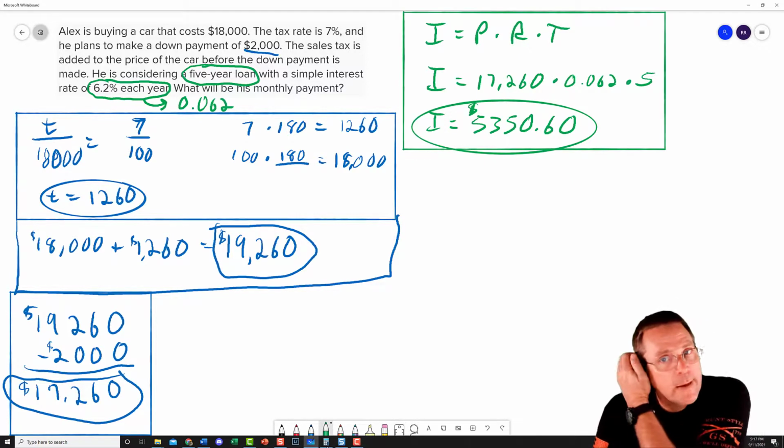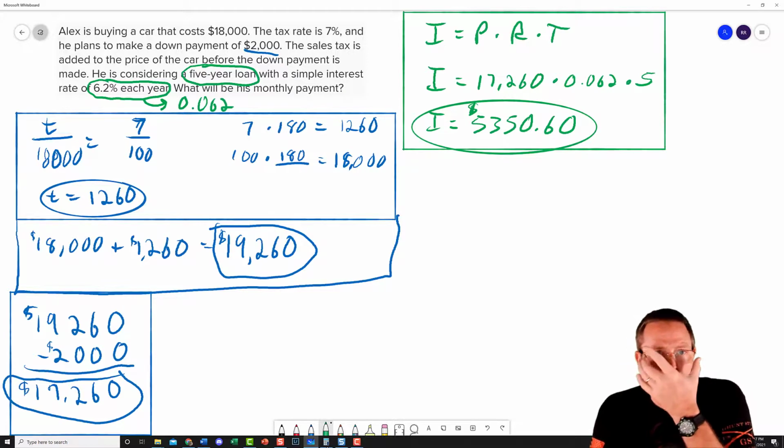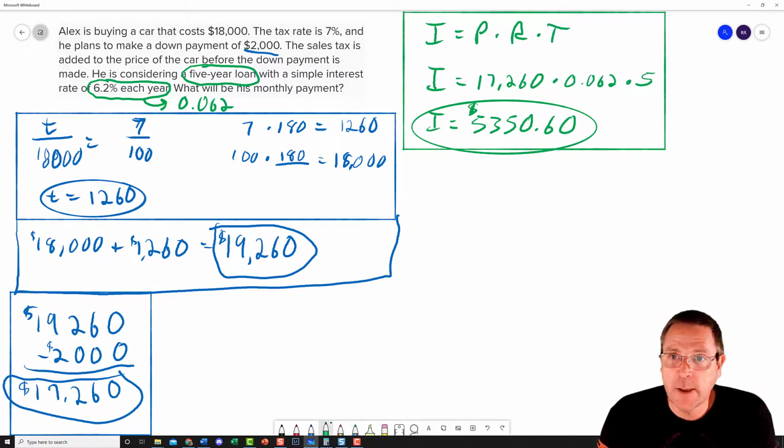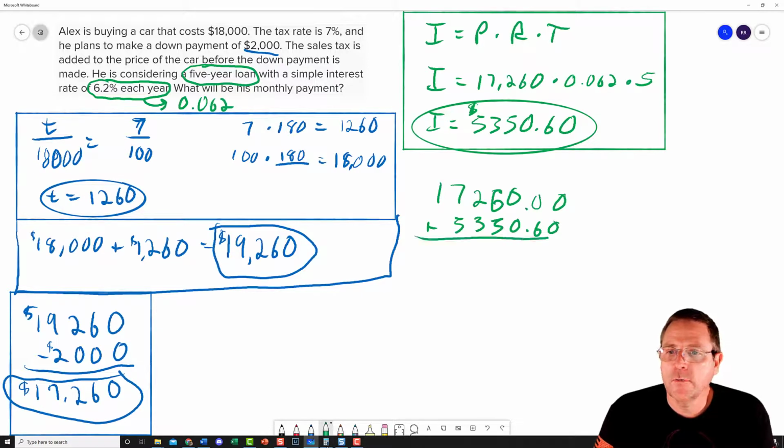So we're going to take that information we have and we're going to add this amount to that amount to find out the total amount of money he's going to be spending, or he's going to be financing. 17,260 plus 5,350.6, and that's in our decimals and zeros.